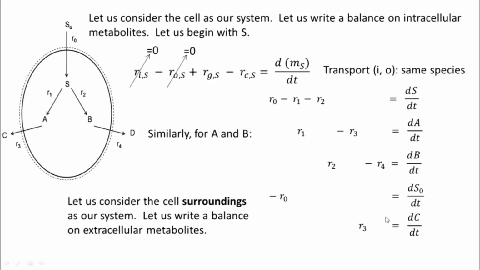Similarly, for D, it is being produced here. You know, the generation term alone exists. In the case of the earlier one, there is no input, there is no output, there is no generation of S0, there is consumption of S0 through the reaction R0, which takes it to the other side, and therefore R0 is the consumption term.